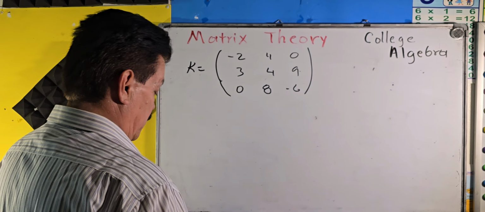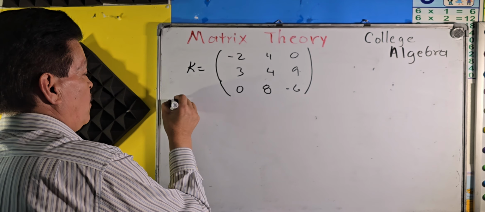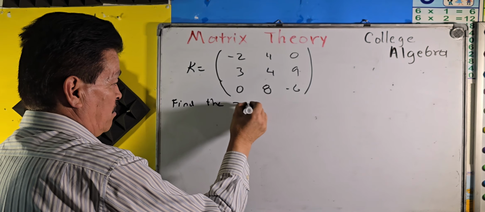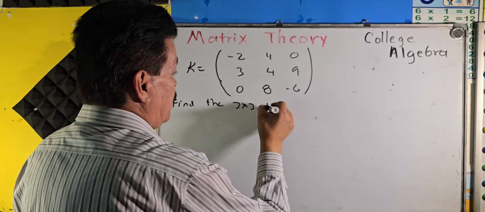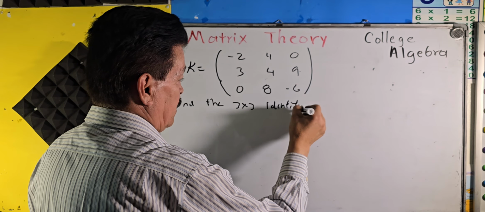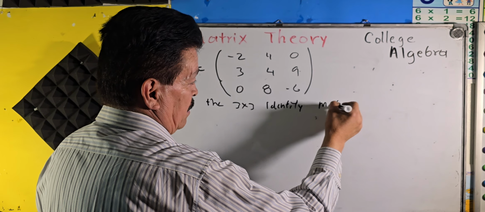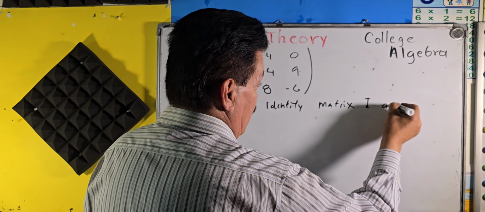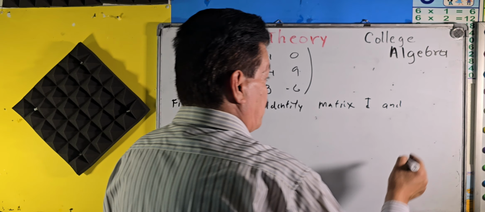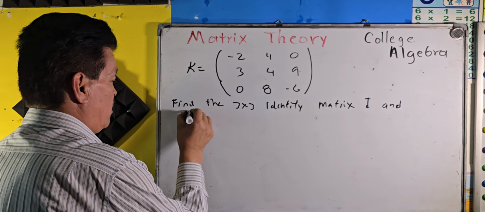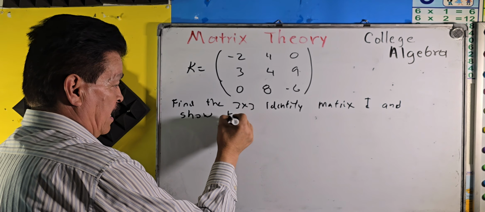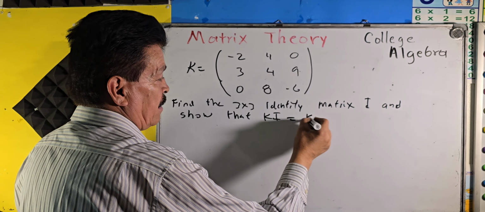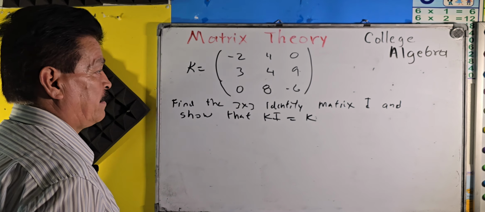We have this matrix here. So we have to find the 3 by 3 identity matrix, and show that the identity times K is equals K.